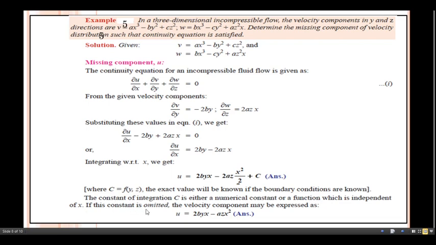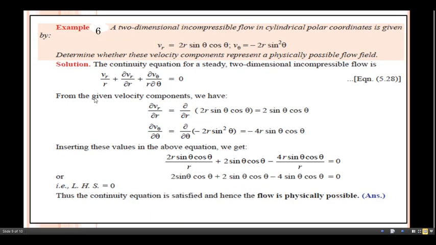If this constant is omitted, the velocity component may be expressed in this way. So if I neglect this constant, what do we get here? The 2 gets cancelled and the remaining term is written in front of you, 2byx minus azx square, because this 2 gets cancelled.